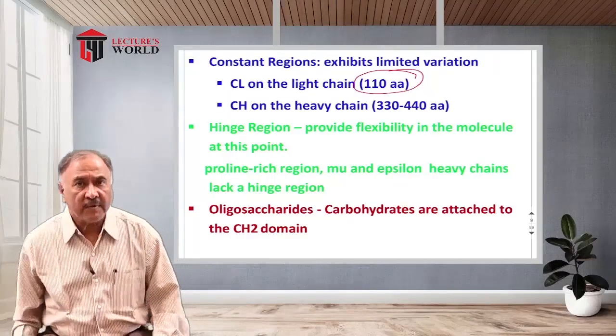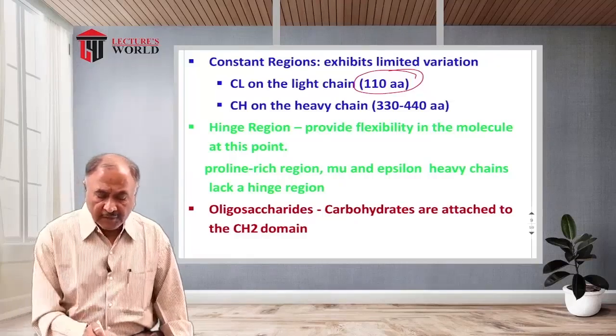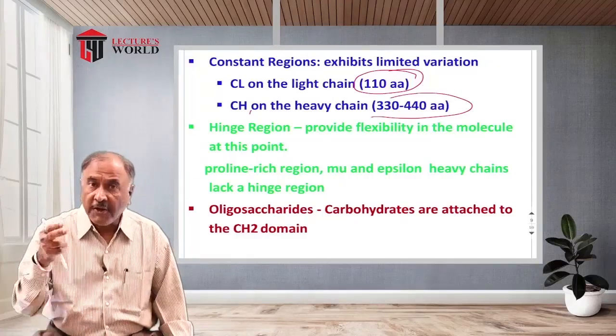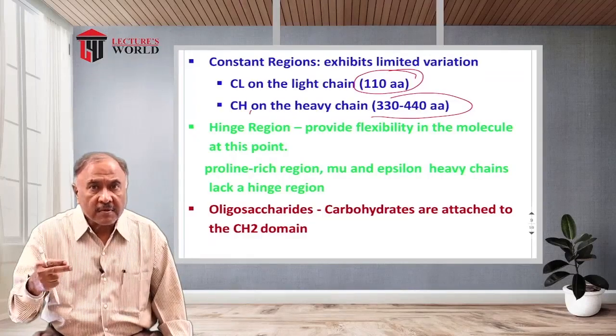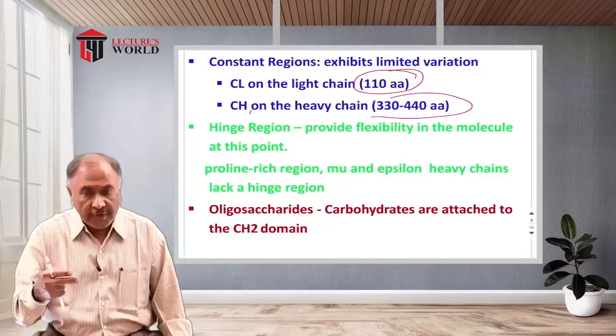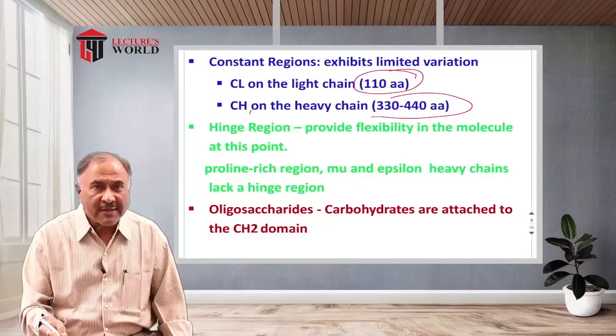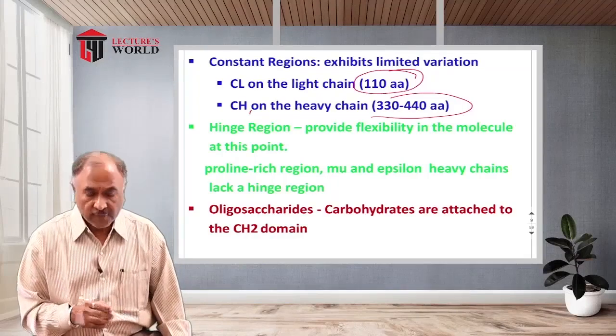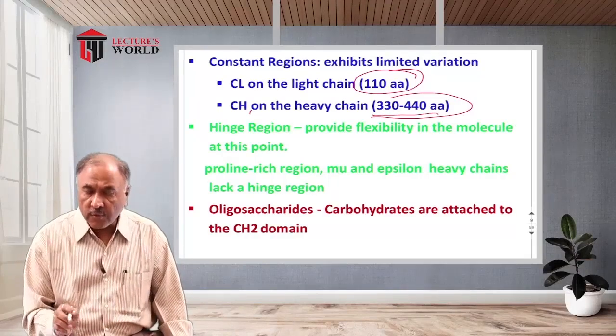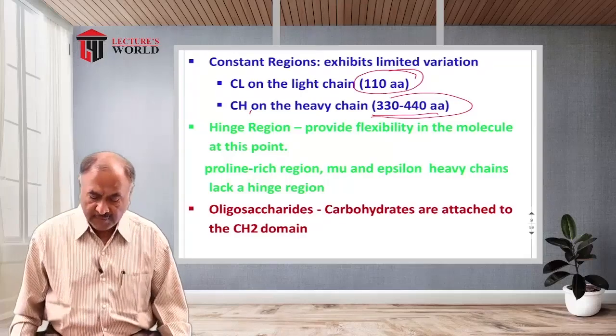Approximately 110 amino acids. While in case of heavy, because there are three: constant heavy 1, constant heavy 2, constant heavy 3, three regions, so it is approximately thrice the light chain. So it is 330 to 440 amino acids.